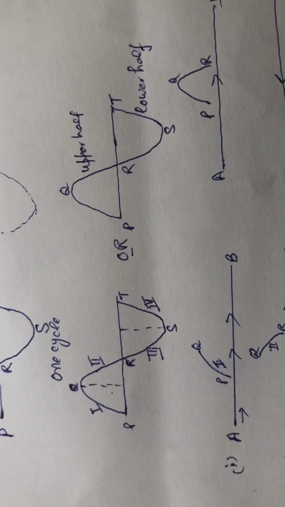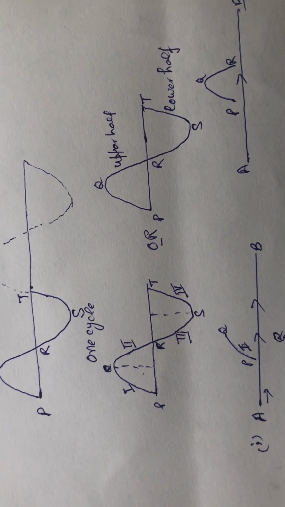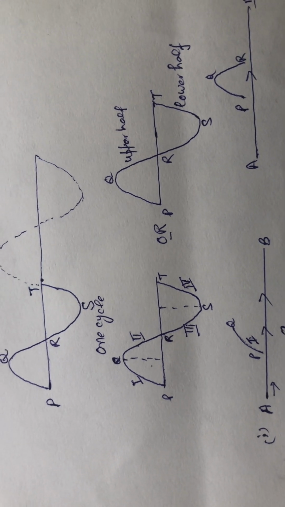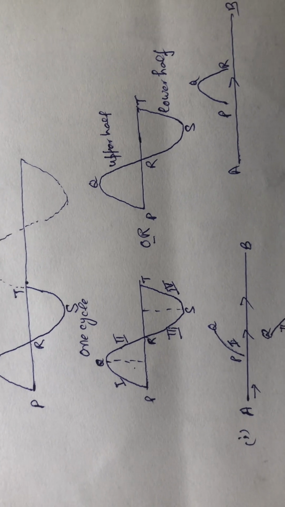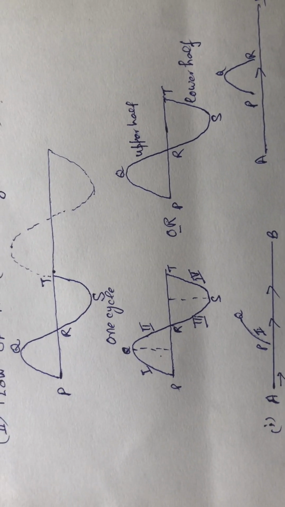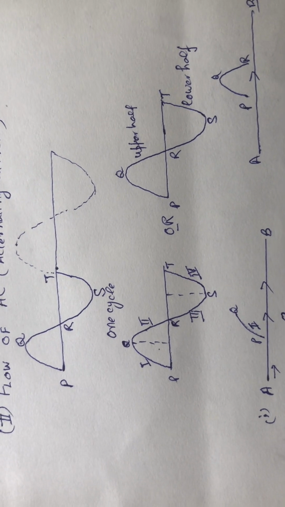Okay. So during the first part from P to Q, the current flows from A to B and it rises from 0 to maximum value, that is 0 at P, and Q is shown at maximum value.